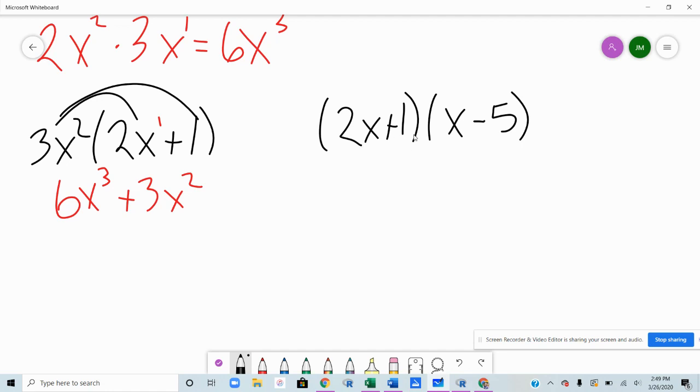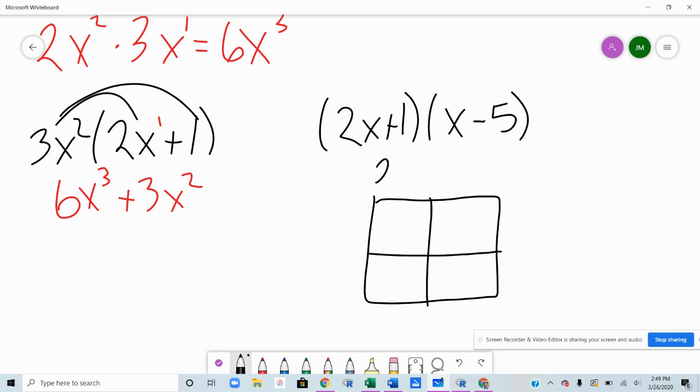So there are 2 terms and 2 terms, which means you would make a 2 by 2 box. You would put your first set of parentheses on the top and your second set on the side. Notice I put that minus sign with the 5. That's going to remind you that that is a negative 5.